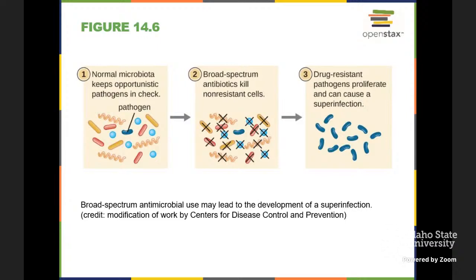It could have picked up resistance from somebody else. Whatever the reason, it's got resistance to that specific broad spectrum drug that we were treating it with. So now all of the real estate is opened up because all of the good guys got depleted. The bad guy replicates and proliferates and potentially causes serious issues.